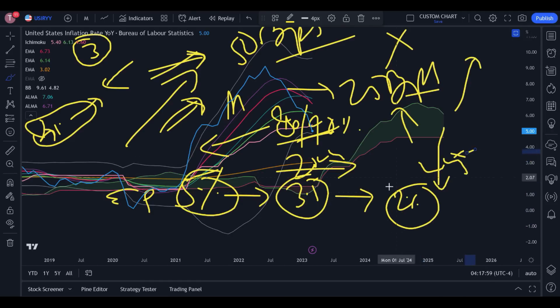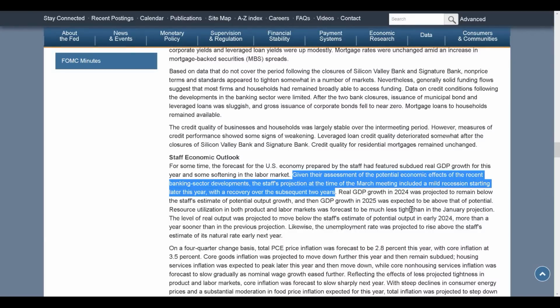That again confirms what the Federal Reserve staff has mentioned in this economic outlook: there will be a recovery over the subsequent 2 years, meaning a mild recession and then a recovery of two years.